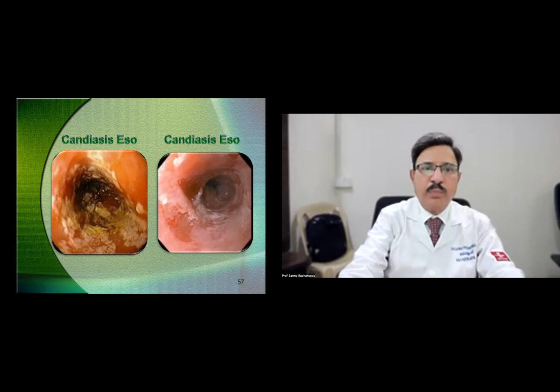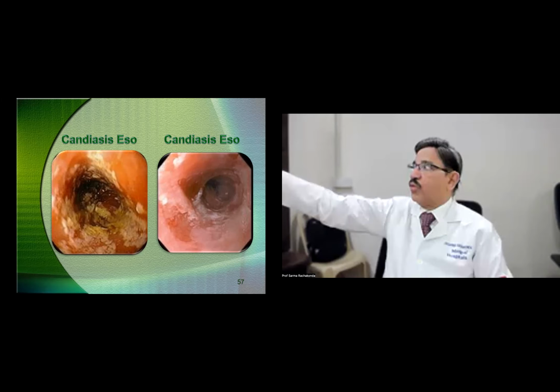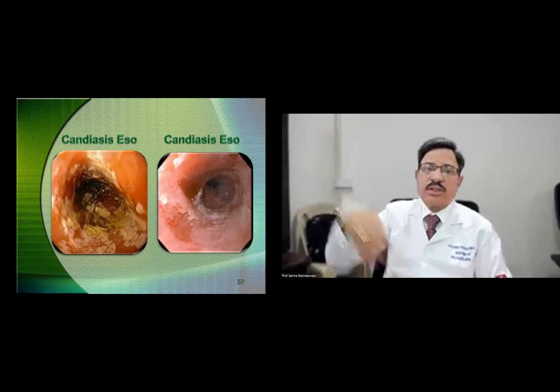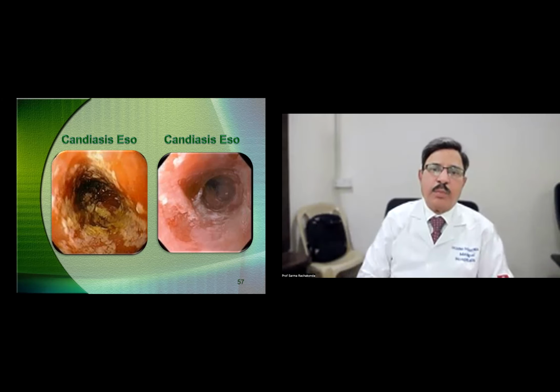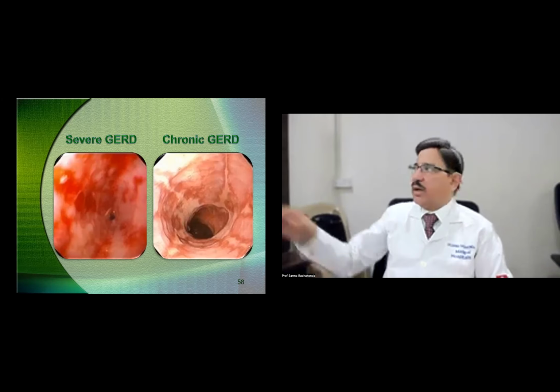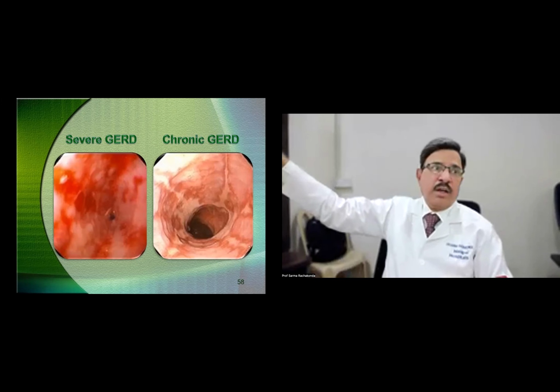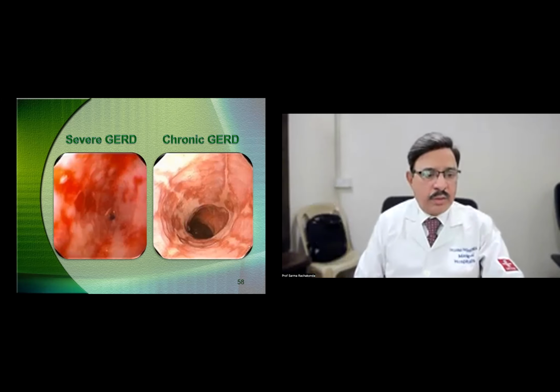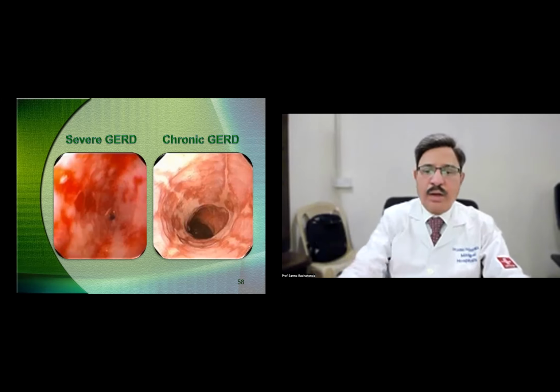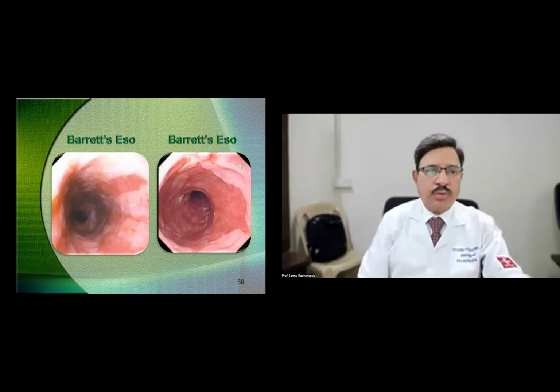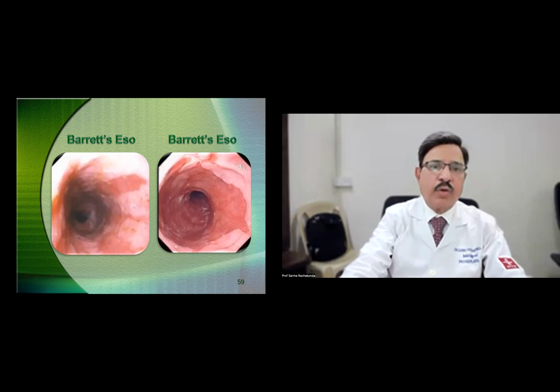Now, you see a completely ruddy esophagus there. That is the gastroesophageal opening. Chronic GERD, the Barrett's changes, where the columnar epithelium has undergone metaplasia, and then you see Barrett's esophagus, and two pictures of severe Barrett's esophagus, which are the end result of chronic GERD.